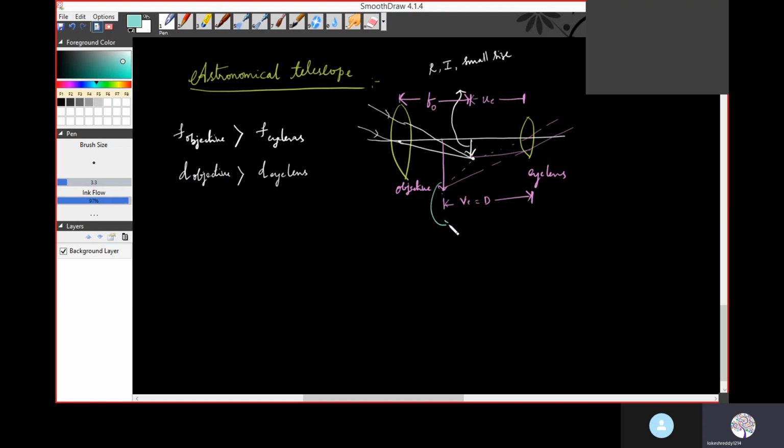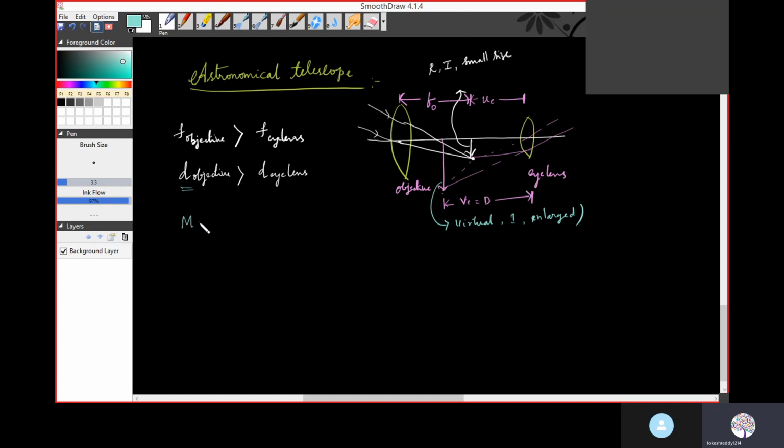The final image is going to be virtual, inverted and enlarged or magnified. D is also called the diameter or aperture.